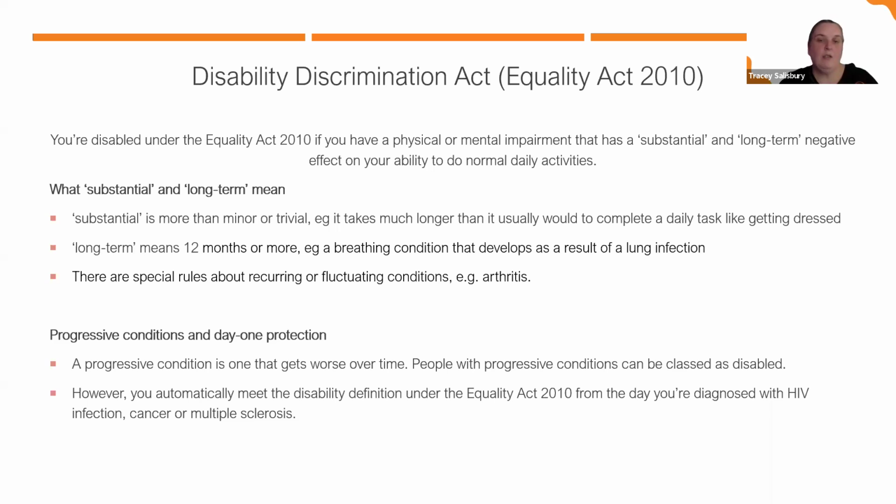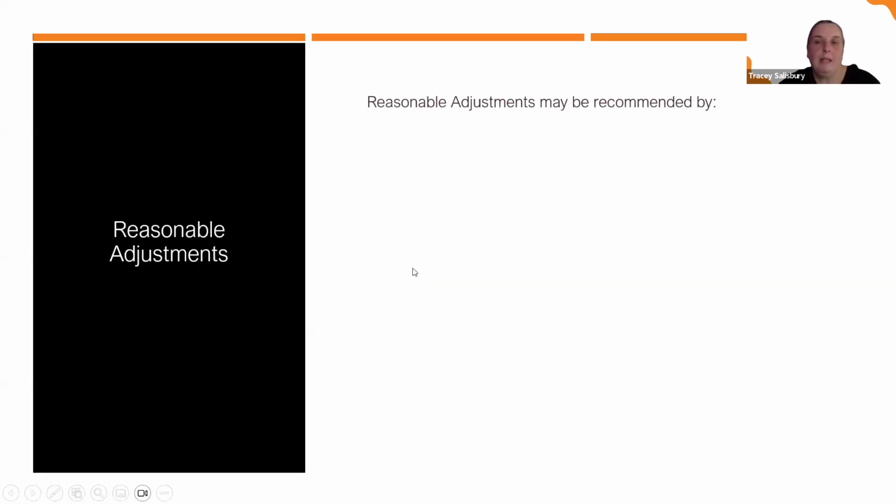So just be aware that if you do have staff that are classed as disabled for one of these reasons, or who have an ongoing health condition, it's very likely they will be covered under the Disability Discrimination Act. Now, what that means in practice is that they have got the legal right to request reasonable adjustments to work. So those adjustments might come in through GP fit notes, doctor's notes.